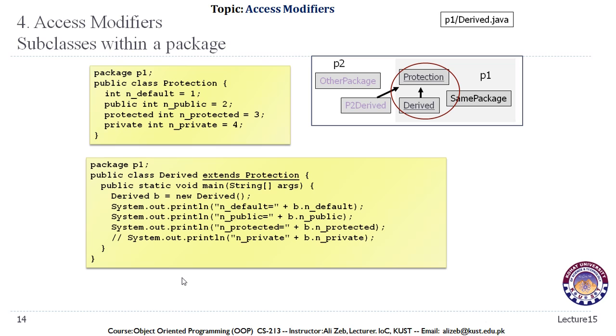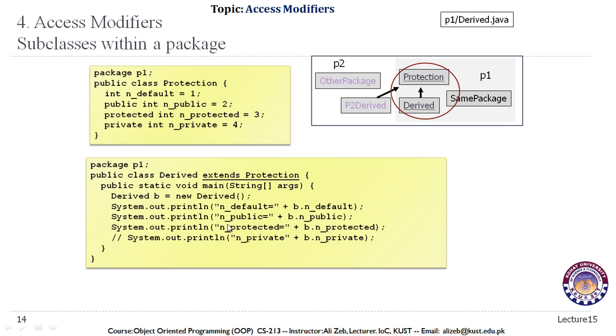If you want to see which of these are accessible within the same package, we have a public class Derived that extends Protection. So Derived is a subclass of the Protection class. If we try to access the default variable, we should be able to access it, as we have seen that we are able to access default fields from within the same package.